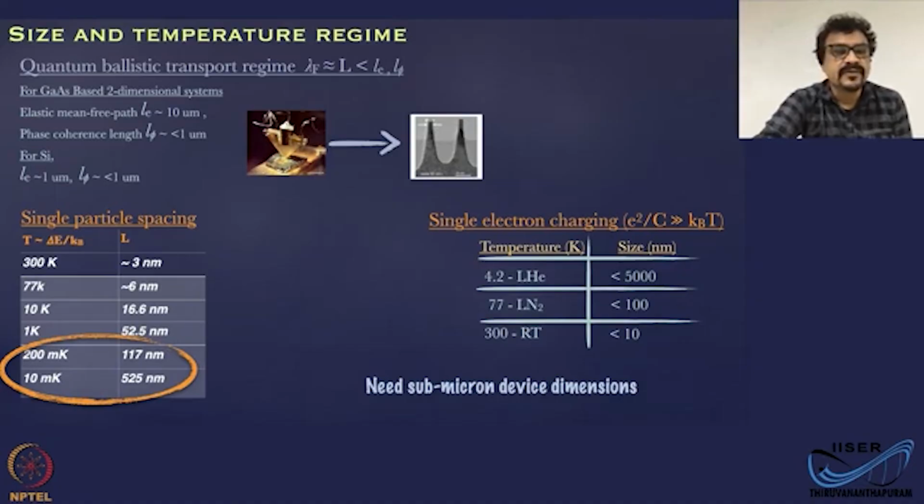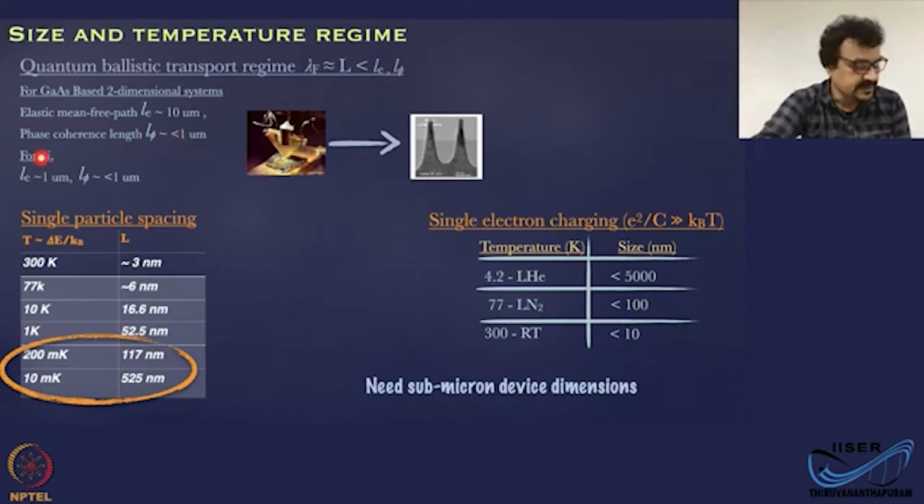And for one of the most popular two-dimensional systems, which is based on gallium arsenide, this elastic mean free path length, LE, is a few micrometers, maybe a couple of tens of micrometers. And the phase coherence length is close to a micrometer.